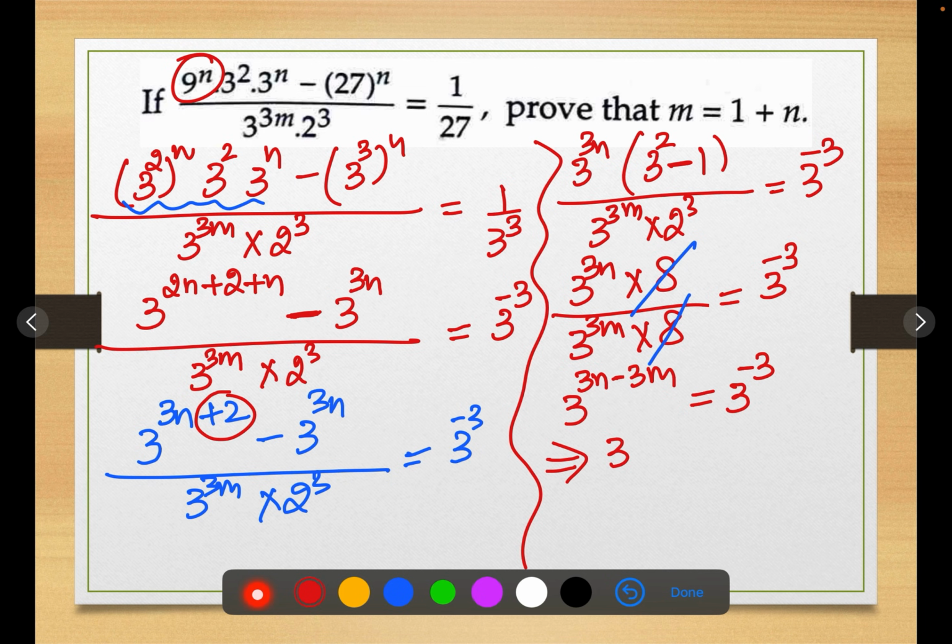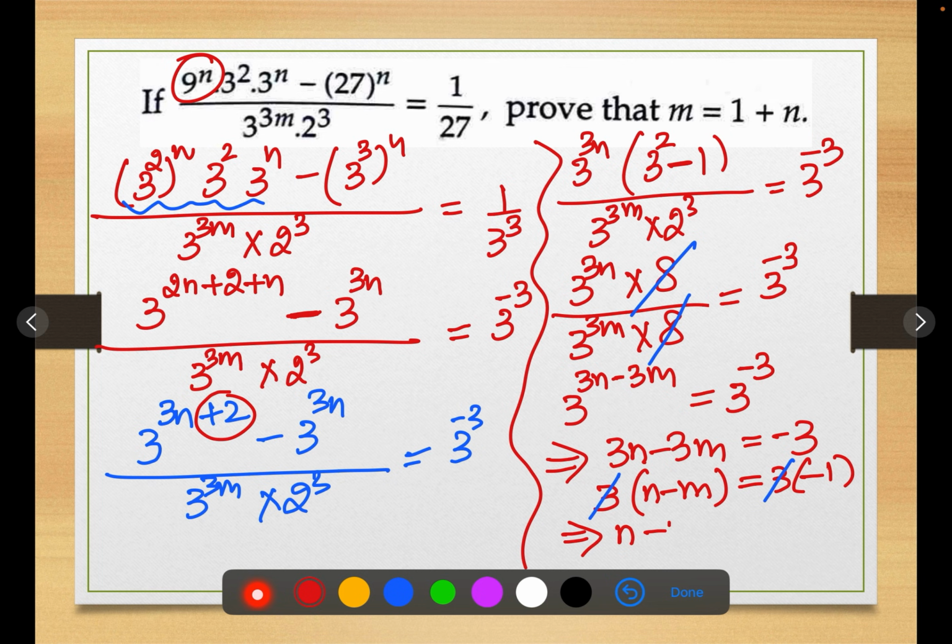What do I get? 3n minus 3m is equal to minus 3. 3 is taken common, equal to 3 into minus 1. This 3 is reduced and I am left with n minus m is equal to minus 1, which is m is equal to n plus 1. Hence proved. I hope the question is clear.